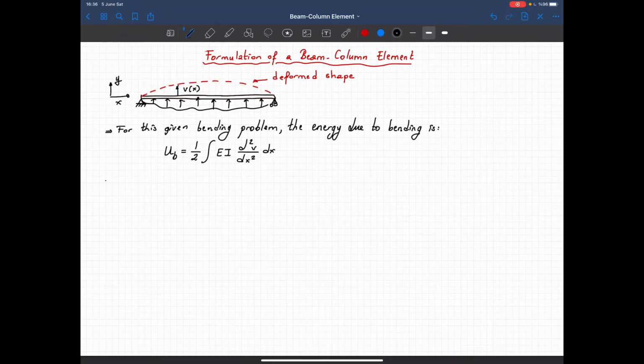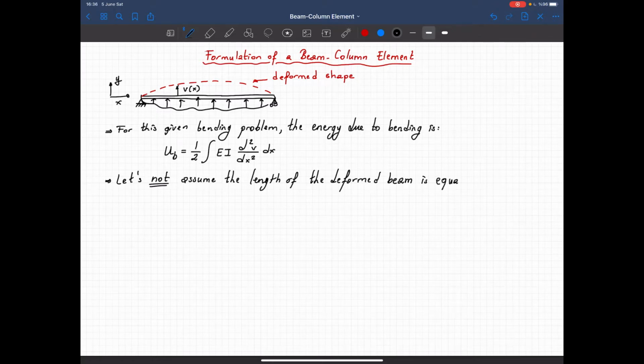Now for this formulation, let's not assume that the length of the deformed beam is equal to the original length. Remember that this was our main assumption when we talked about the bending deformation. So here we are not assuming that anymore, okay?